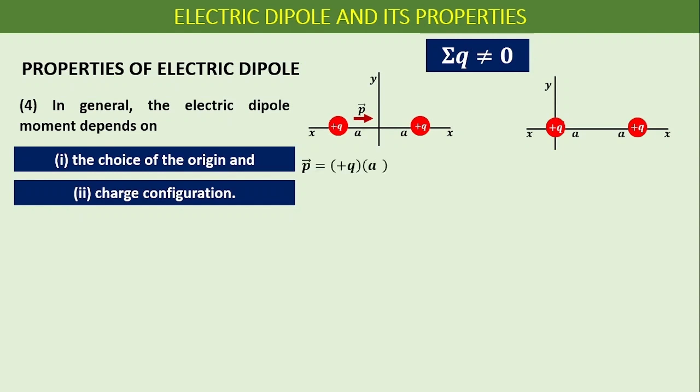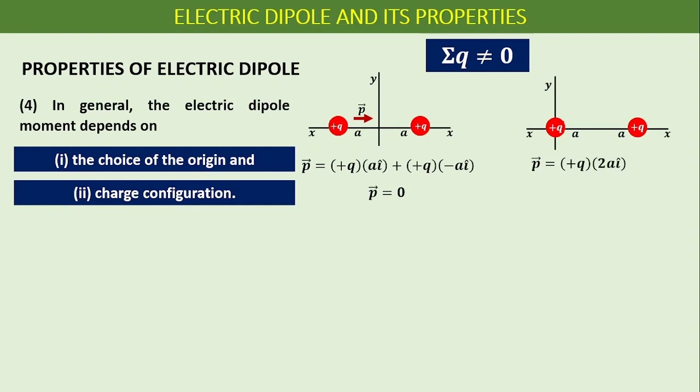For the first case, p vector equals plus q a i cap plus q multiplied by minus a i cap. So p vector equals 0. The dipole moment for the first charge configuration, with the origin at the center of the two charges, is 0.